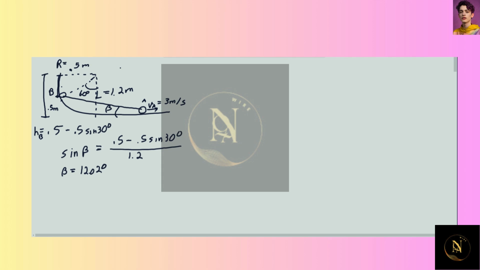We can write our velocities in vector notation. VA equals 3 meters per second in the i-hat direction. VB, on the other hand, will be whatever the magnitude of VB is, times the sine of 30 degrees in the i-hat direction, minus the cosine of 30 degrees in the j-hat direction.